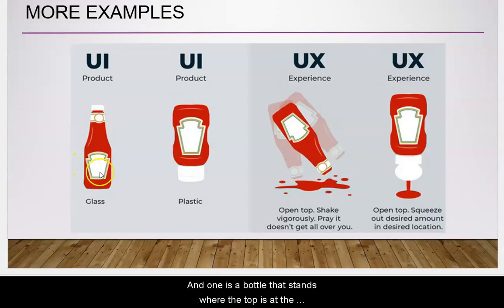And one is a bottle where the opening is at the top, or the opening's at the bottom, and it makes a huge difference with getting ketchup out of a bottle. Take this one: because of air pressure and stuff, it could be hard to get any ketchup out. You have to shake it and squeeze it to get the air out, to get the ketchup to come out. Whereas with this one, the ketchup's already there. You just squeeze it, and the ketchup comes out. I just really liked that as an example.